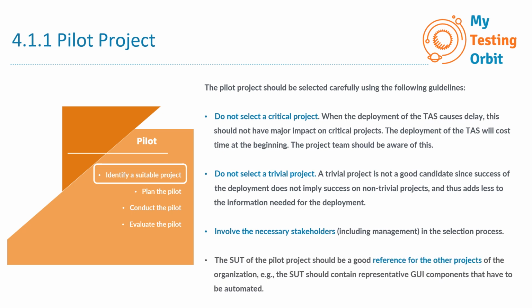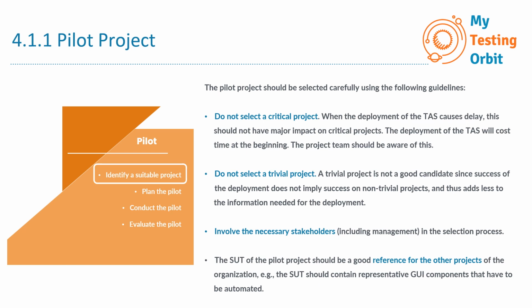And lastly, the SUT of the pilot project should be a good reference for other projects of the organization. For example, the SUT should contain representative GUI components that have to be automated. For example, after considering various projects, you settle on one where you are developing inventory management software for a retail client.